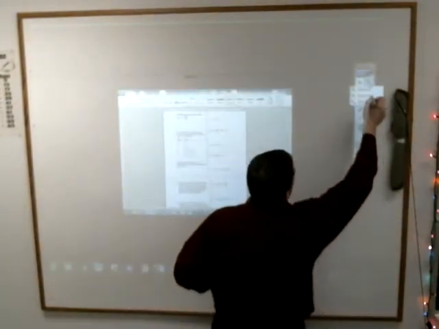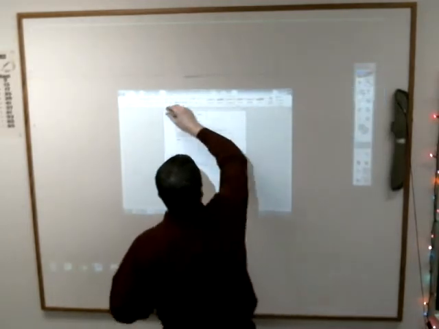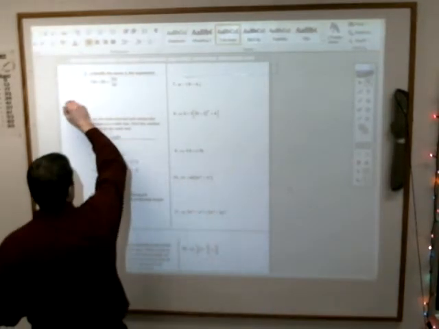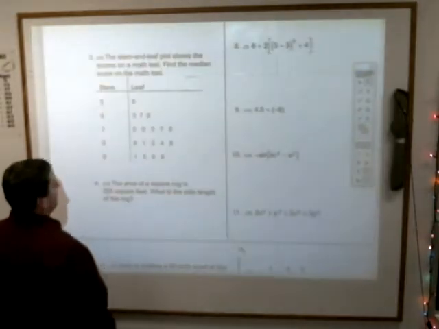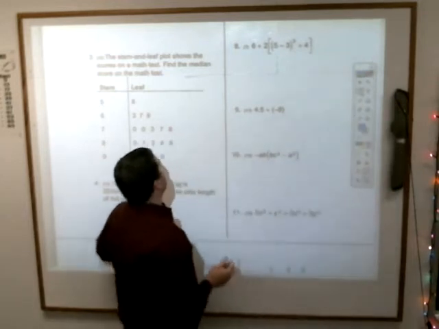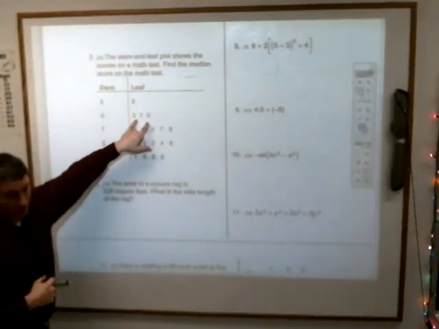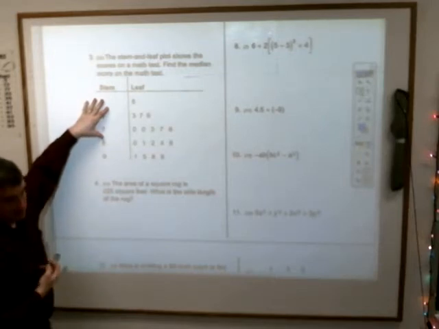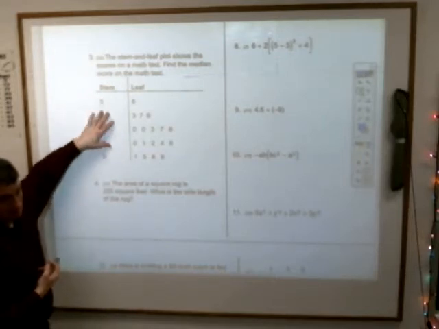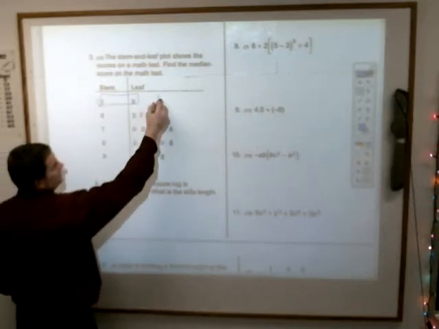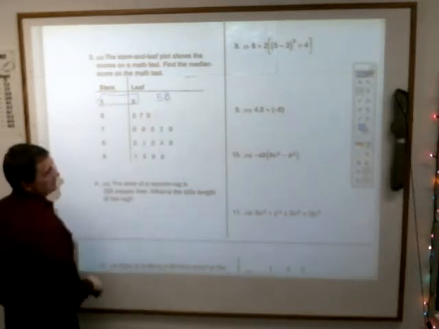You don't understand why this does this? Alright, Sage, you just have to know that the leaf is always the last digit in the problem, and the stem is what comes in front of it. So this number stands for 58.